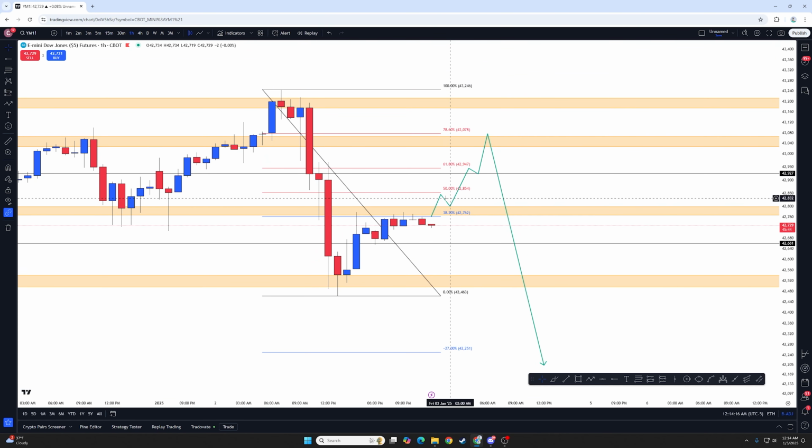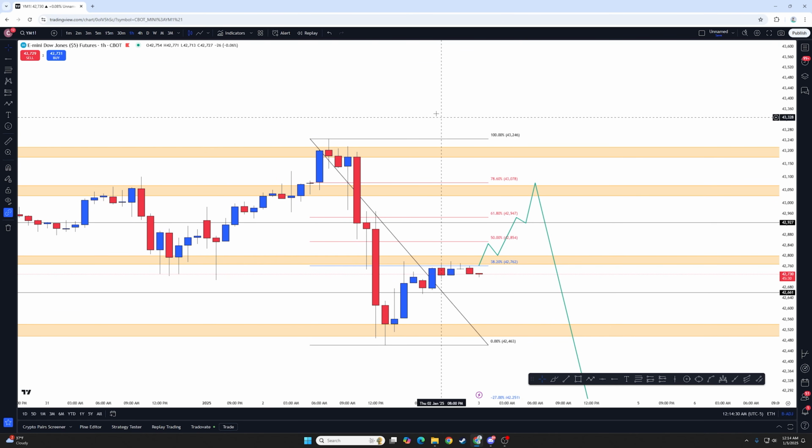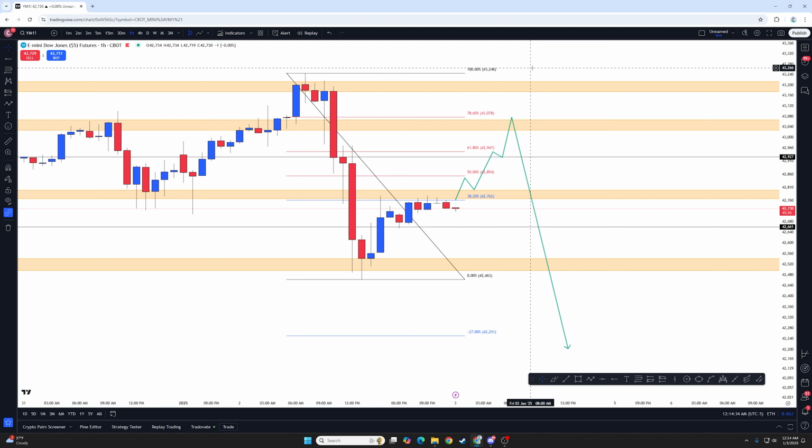Expecting buys, I'm not married to them. I will still have a sell scenario, and we shall see tomorrow how it all plays out. But I'm expecting buys, but the bigger play here is sells. But again, I just react to what the market shows me. I'm not married to one single thing.